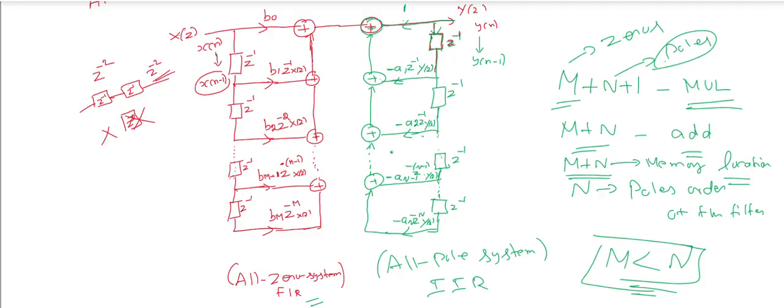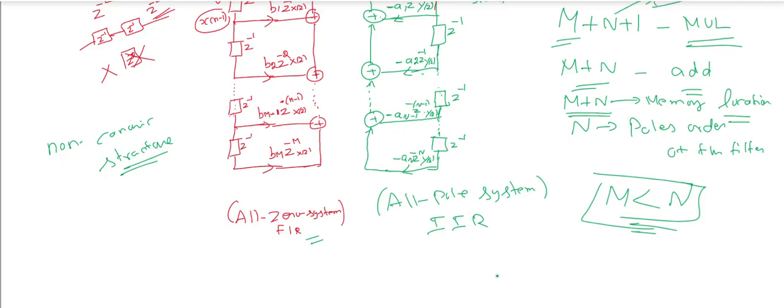Now normally we can say this system, the direct form one structure, the number of delays is not equal to the order of the system. So it's called non-canonic structure. Canonic means the number of delays is equal to the order of the filter. What is the order?